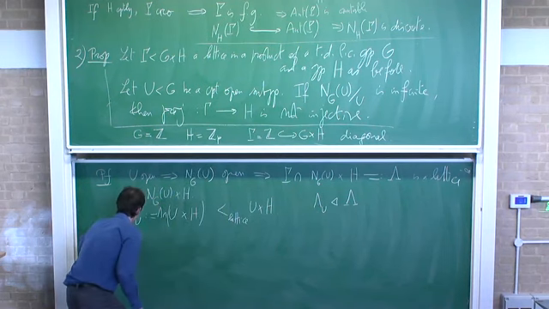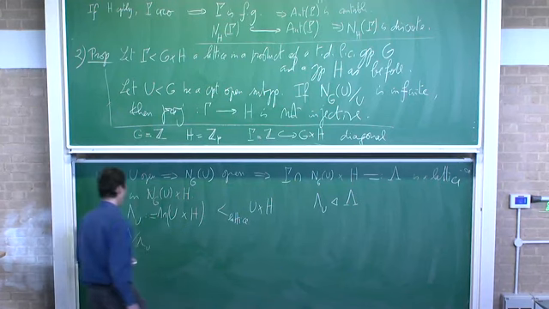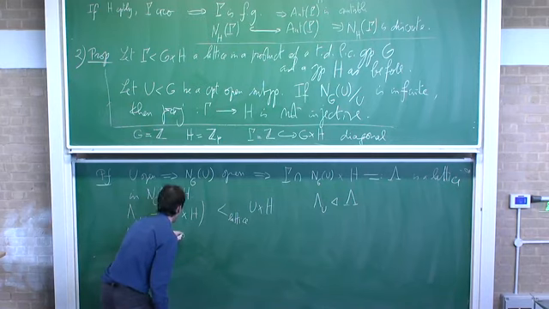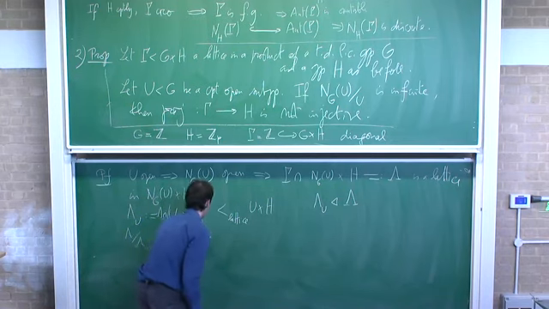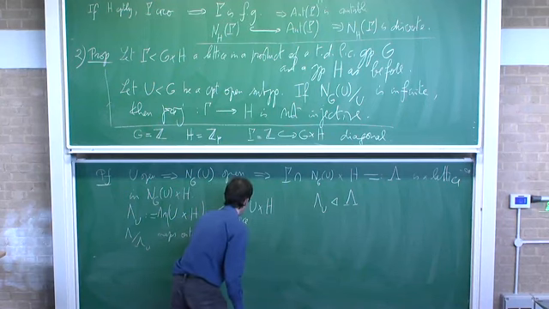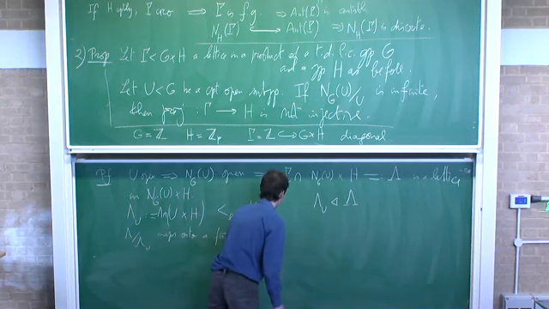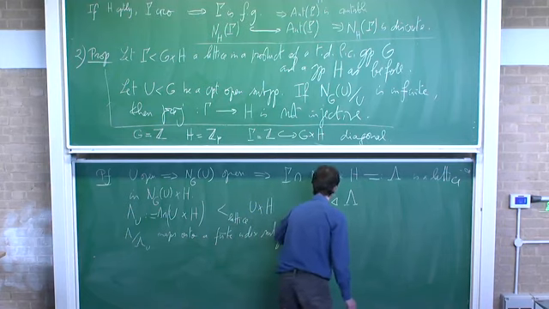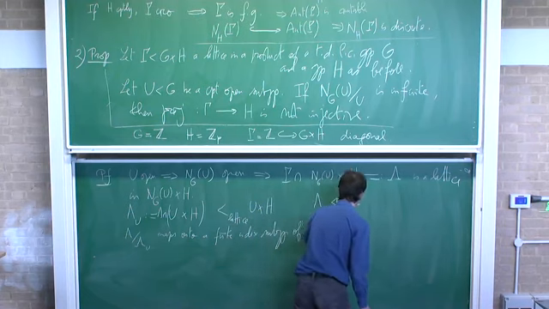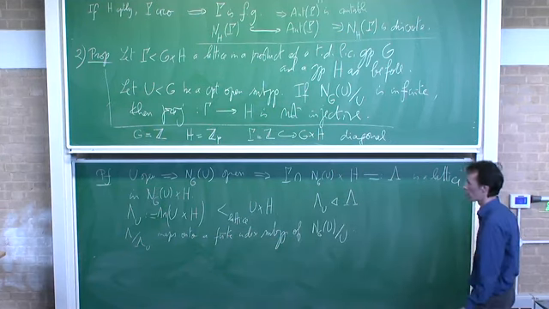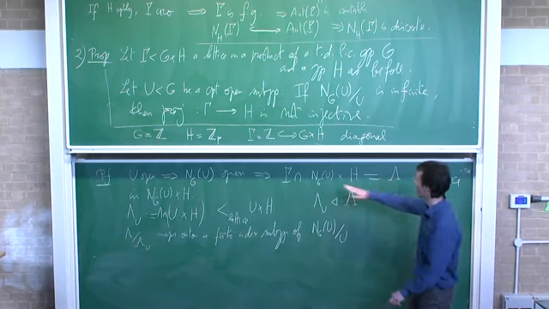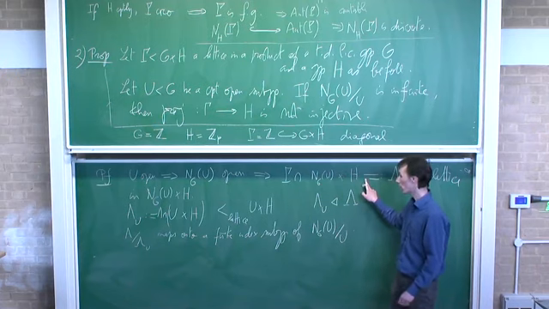So lambda mod lambda intersect U maps onto a finite index subgroup of this quotient, because lambda is a lattice inside this group.